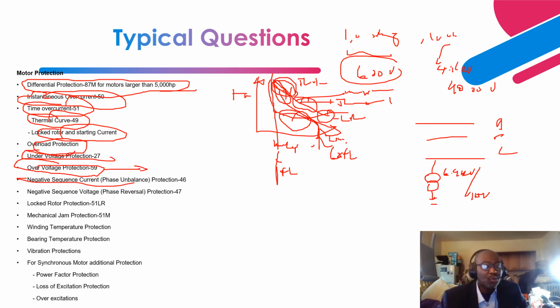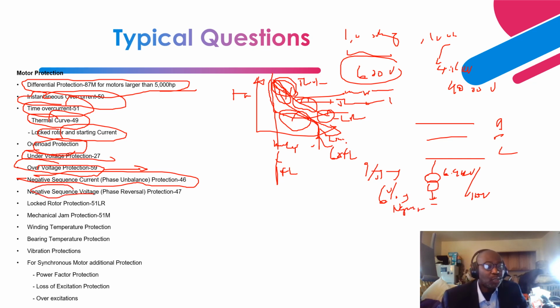Next is negative sequence, phase unbalance. Let's say you should have an unbalance in voltage between phase A, phase B, phase C, right? This is basically the protection element. That is ANSI device 46, right? And like I indicated, 1% phase unbalance voltage translates to 6% negative sequence current.